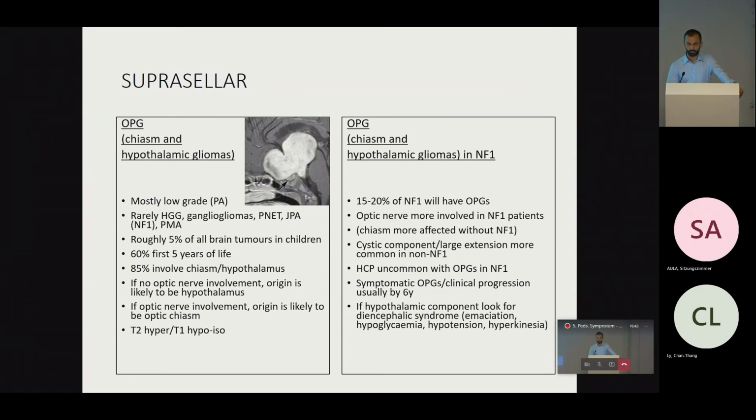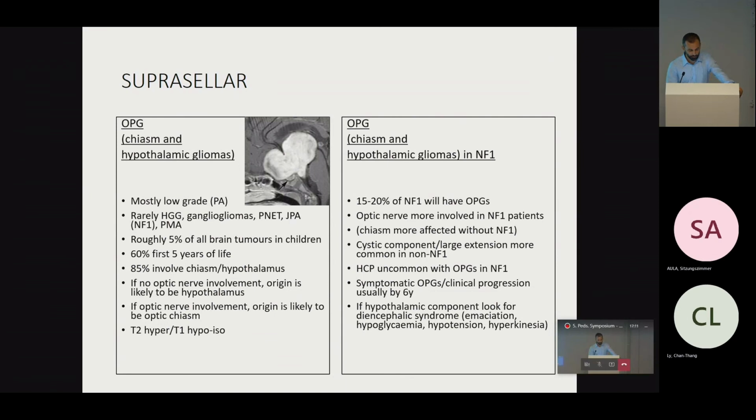They can very rarely bleed, and roughly they account for 5% of all brain tumors. They arise from the suprasellar compartment, usually the chiasm or optic nerve, but they can extend in all directions. Their clinical course will of course differ, but it's not always as bad as they can look on the scan.